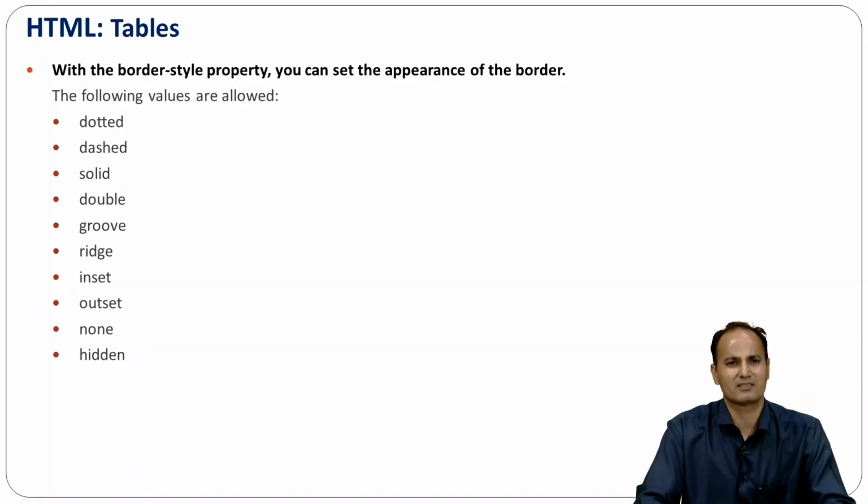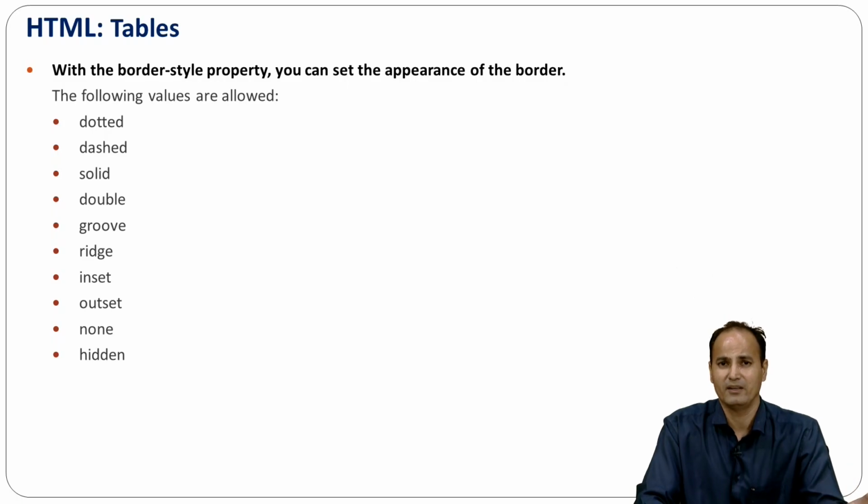So there are various style properties available for the borders. That can be a dotted one, dashed, solid, double, groove, ridge, inset, outset, none, hidden. Based on the browser that you are using, some properties will be available and some will not be effective or visible.